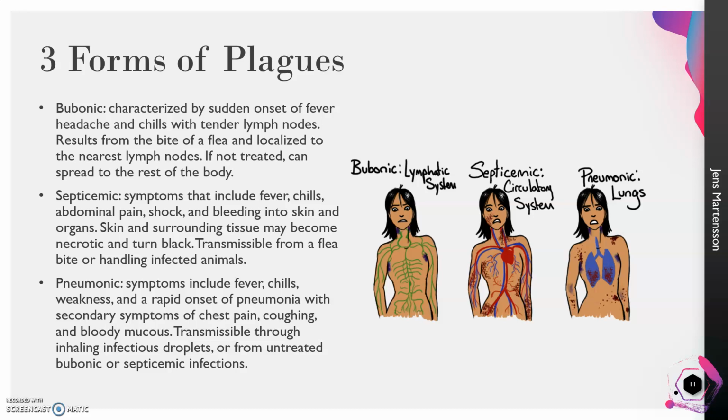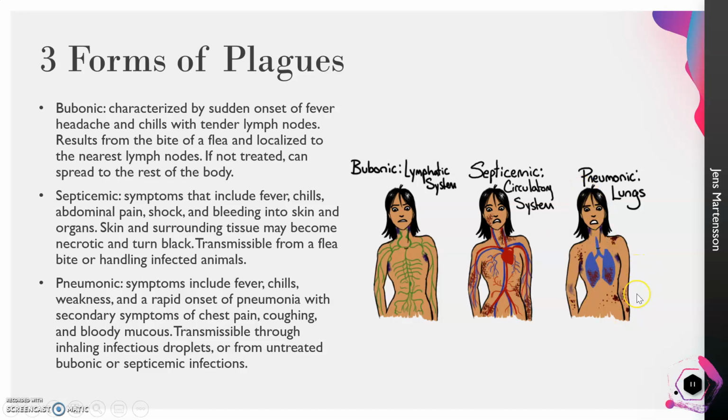And the final plague, the pneumonic one: the symptoms include fever, chills, weakness, and rapid onset of pneumonia, with secondary symptoms of chest pain, coughing, and bloody mucus.